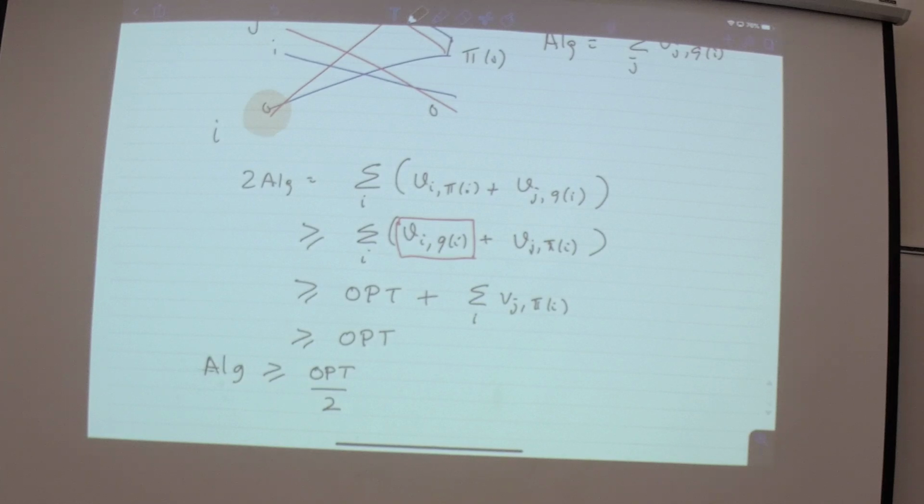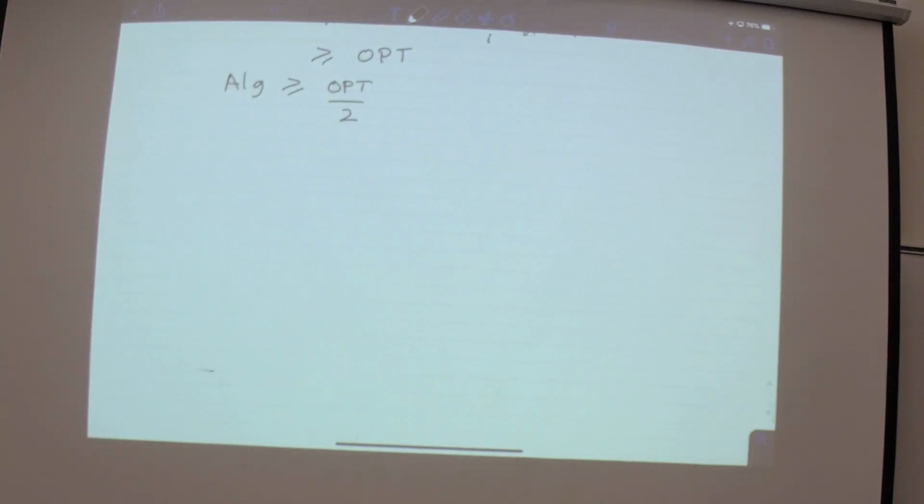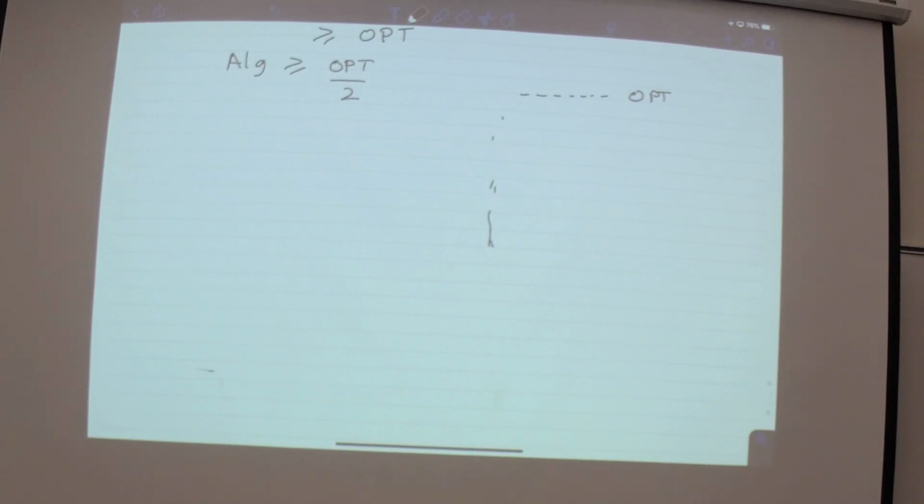The overall trick with things like this is, when you're doing approximations of this kind, you're generally saying something like this. In this case, my optimal solution is up here. My algorithm is somewhere, I don't know where it is. I need to prove it. What I want to show is that even though I can't reason about what the algorithm is doing and what Opt is doing, there is some other quantity here.